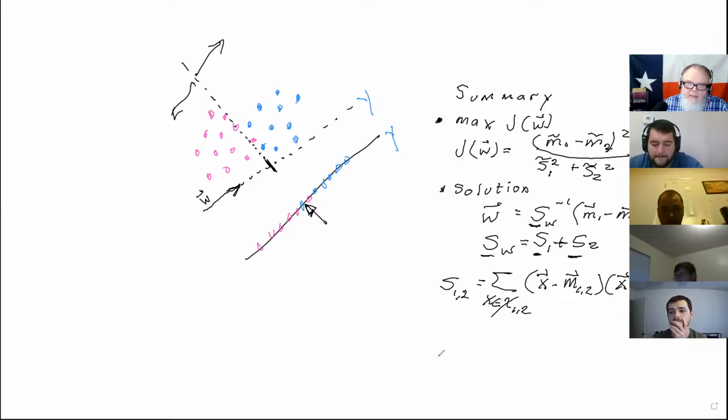And of course, the M1, 2s are the mean or the center of mass of the data clusters.